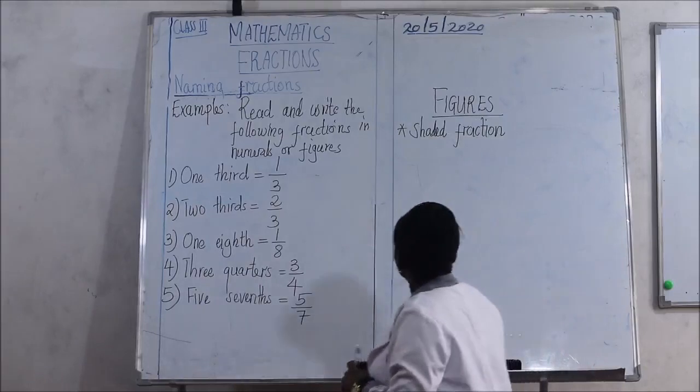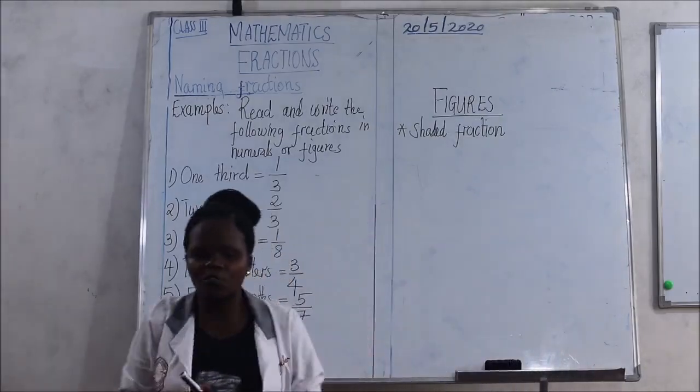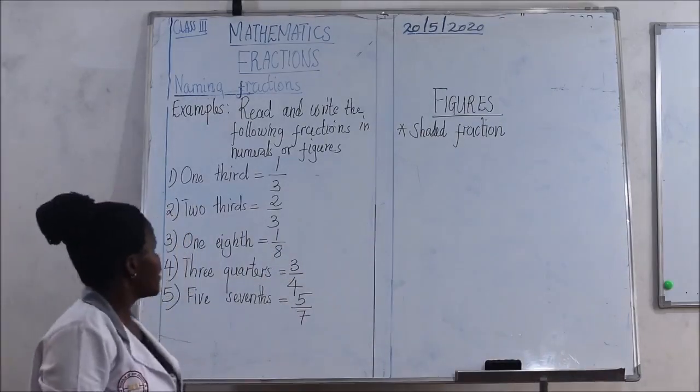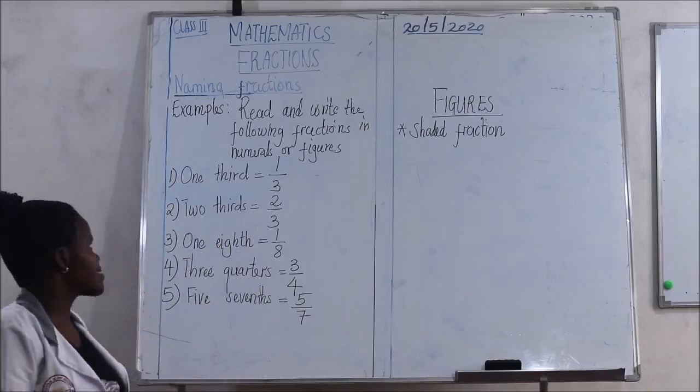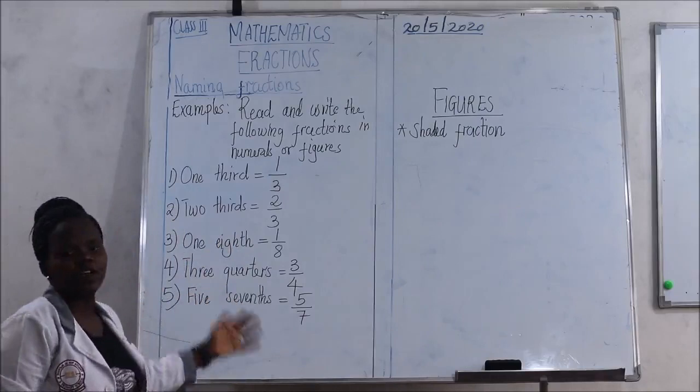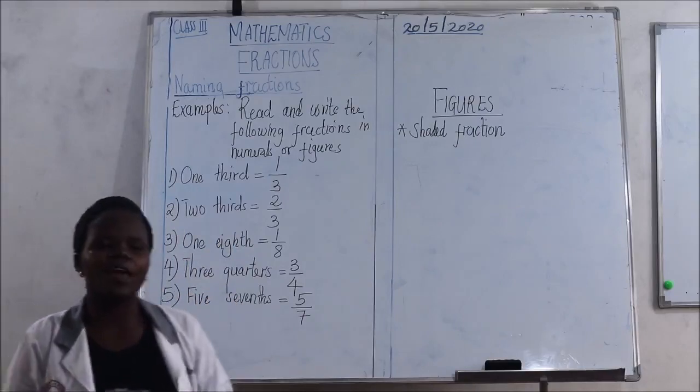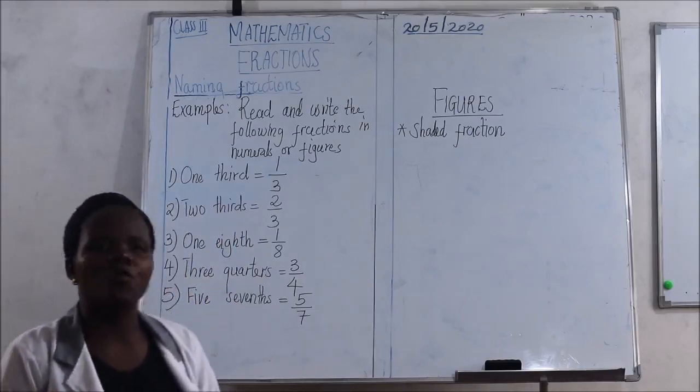It is the shaded fraction, but it is the same case as a fraction. In the case of a shaded fraction, we are also writing the numbers according to the laws of fractions, where we shall have a number in the numerator and a number in the denominator.